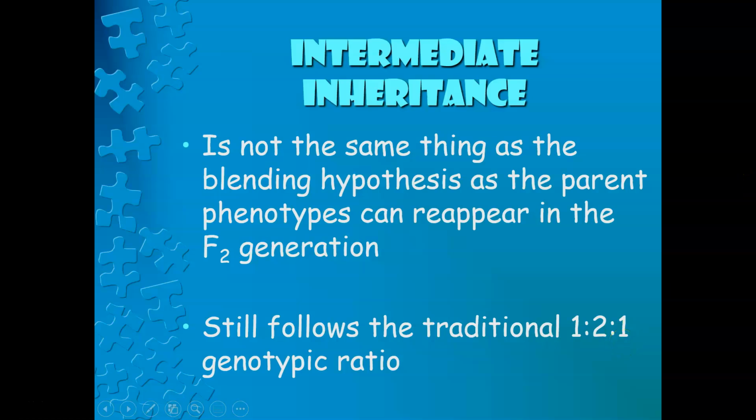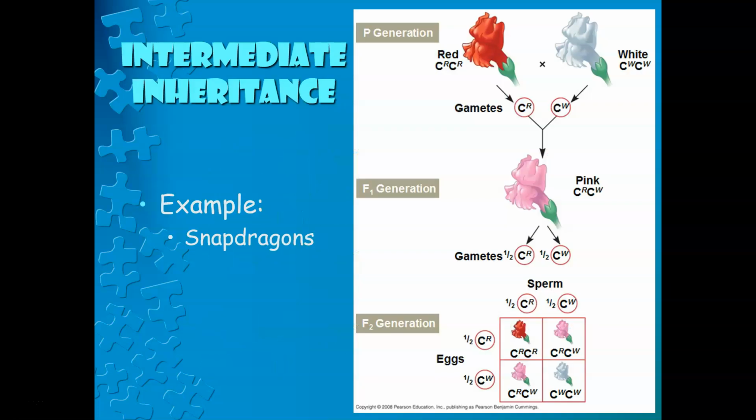The difference was in the phenotypic ratio, where you had 3 dominant to 1 recessive. Here in an intermediate inheritance pattern, I still get that 1 to 2 to 1 genotypic ratio, but now it's also my phenotypic ratio. I have one organism that is homozygous dominant, and in this case shows red. I have one that's homozygous recessive, in this case showing white, and I still have 2 heterozygotes, but now they have their own unique phenotype.